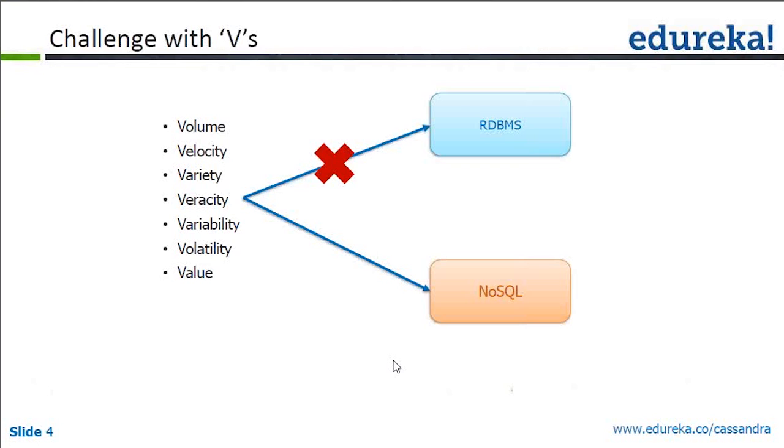Like that, you can see there are other parameters: the type and the value of the data that is getting generated, and then the volatility, so it keeps changing continuously. And there is also this parameter called veracity and variability. With respect to all these parameters, they could see a lot of changes in the data that is getting generated, and people were really eager to see a database that supports all that, as an add-on to all these features.